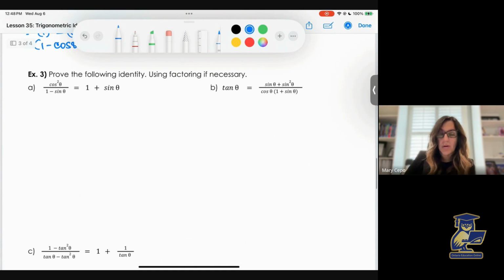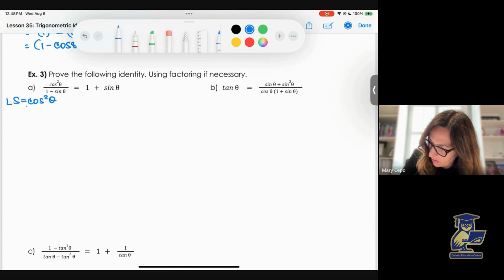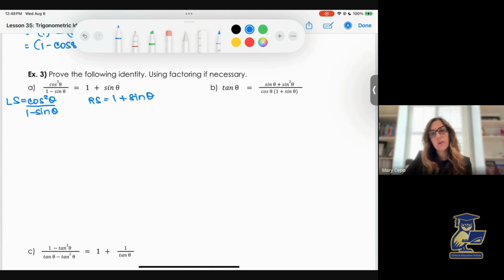Okay, so example 3, prove the following identity. Use factoring if necessary. Okay, so again, breaking it down, we have left side is equal to cos squared theta over 1 minus sine theta, and the right side is equal to 1 plus sine theta. Now, if you notice cosine squared, the right side is only in terms of sine.